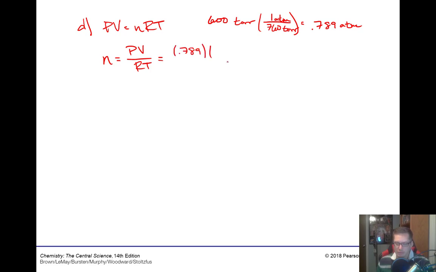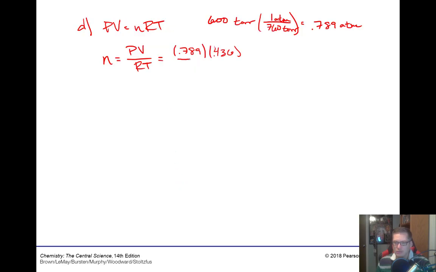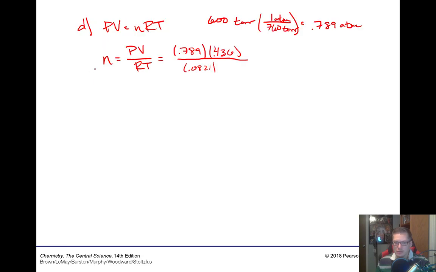Then our volume would be the volume they gave us, 436 centimeters cubed, which is the same thing as milliliters, which is a problem because we need it in liters, so we'll set 0.436. And then the R value, because we used atmospheres, we use our 0.0821, and our temperature is 838 Kelvin.